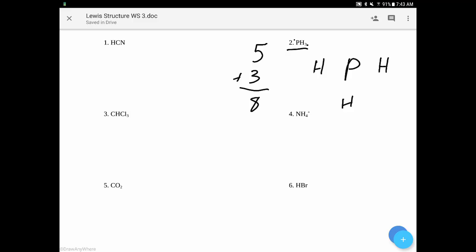Then we connect each one of the H's to the P with bonds. Now each one of those bonds represents 2 electrons. So we have used 1, 2, 3 bonds, which means we have used 6 total electrons so far. So we take 8 minus 6, and we get 2. So we still have 2 electrons to distribute.